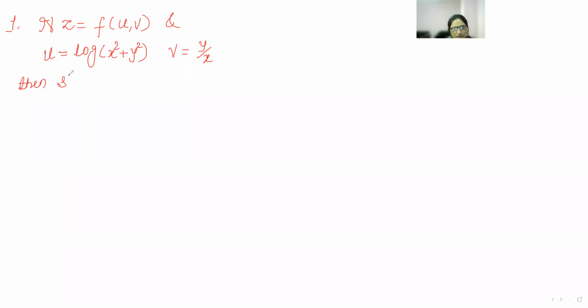If z is equal to f of u, v, and u is equal to log of x square plus y square, where v is equal to y divided by x, then show that x into dou z by dou y minus y into dou z by dou x is equal to 1 plus v square into dou z by dou v.